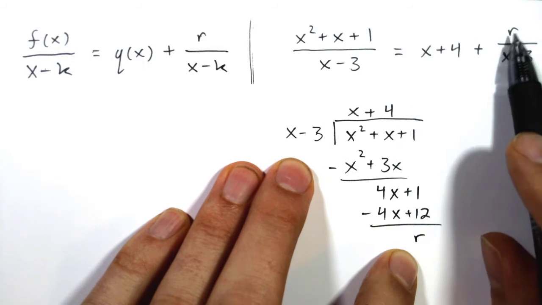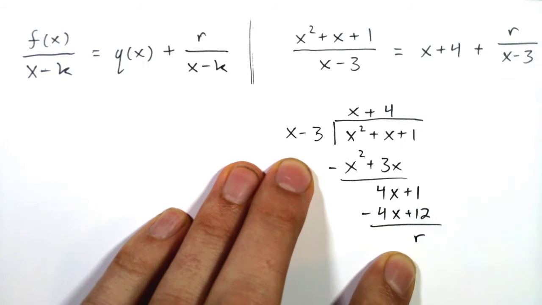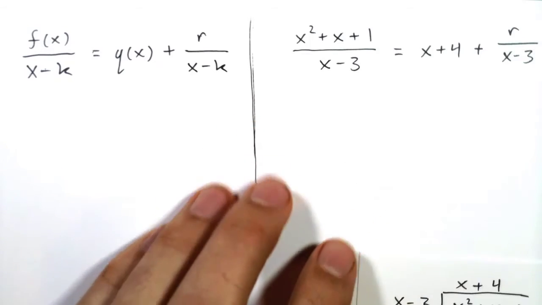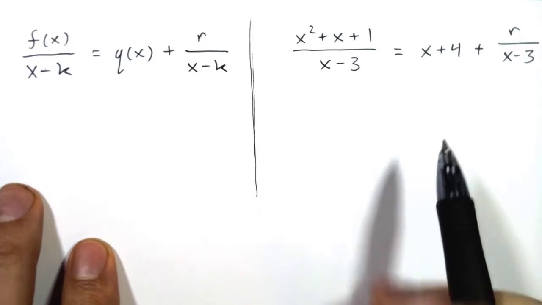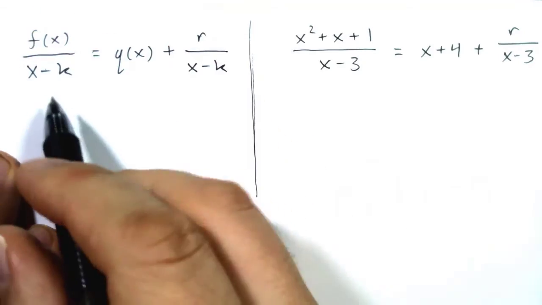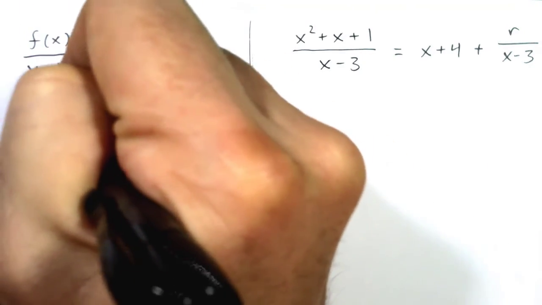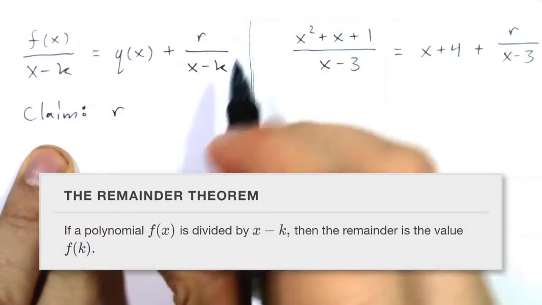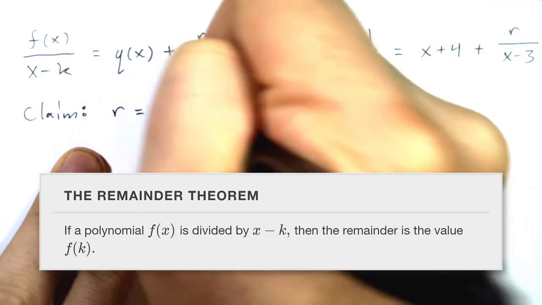All right, and we're going to find out what r is, even though you can see what it is right here. All right, so the claim that we're trying to prove is that that remainder is going to equal f of k.